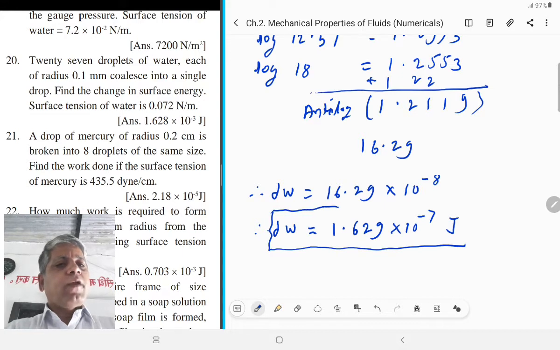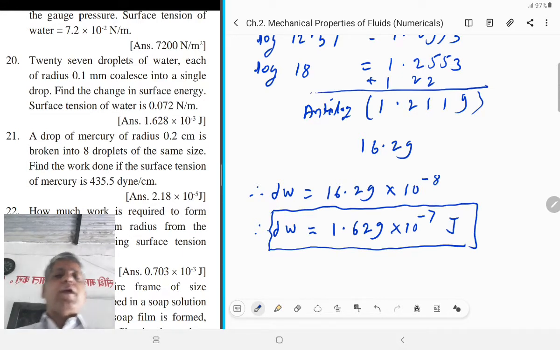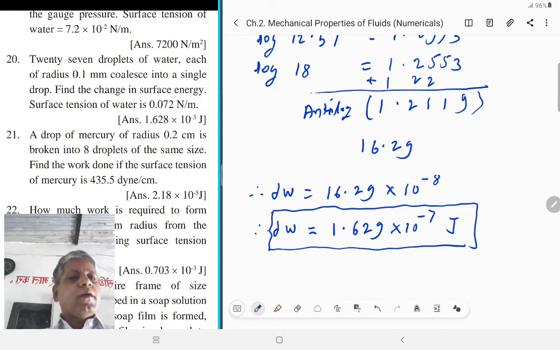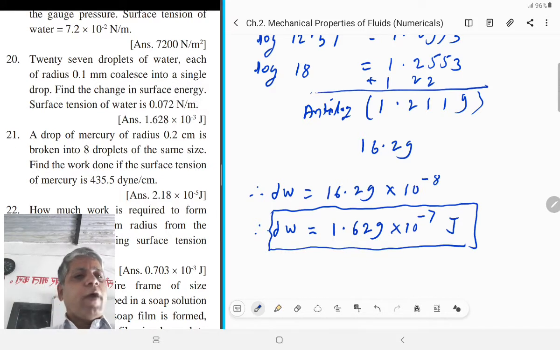There is a printing mistake in the answer given in our textbook. Here answer is given 1.628 into 10 raised to minus 3, but here we get 10 raised to minus 7.